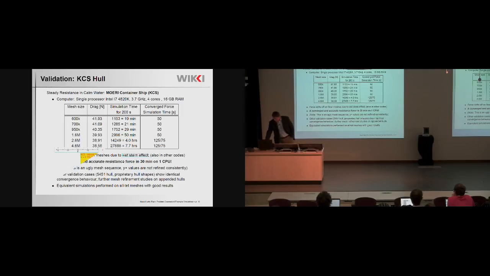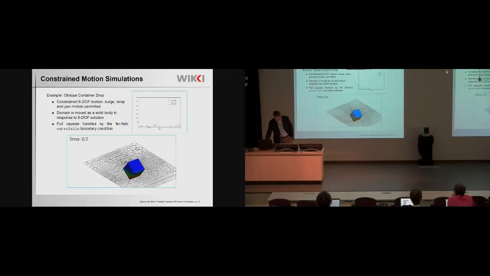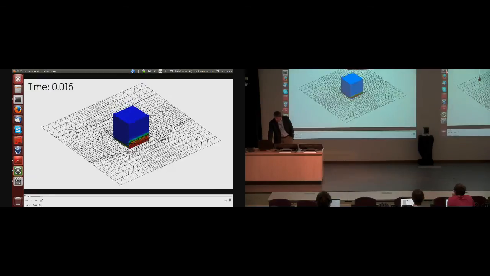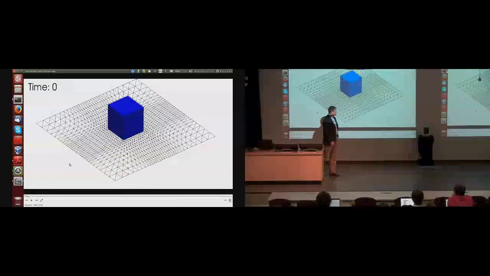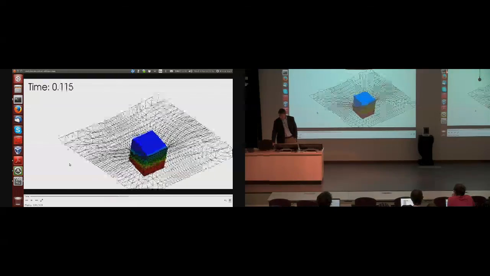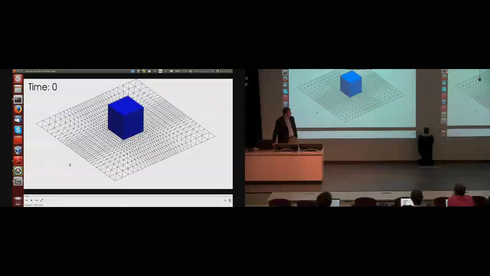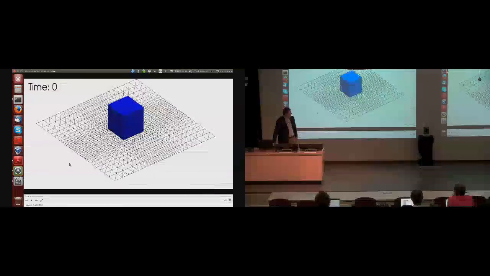The interesting part of the story comes when you start introducing waves into the system. Okay, so maybe first a little simulation to show you how the dynamic mesh part works here. The simulation is basically an obstacle at time 0. It is touching the free surface, and now we are integrating the 6 degree of freedom motion equation, which will let the obstacle heave and roll to find out how far we can get.